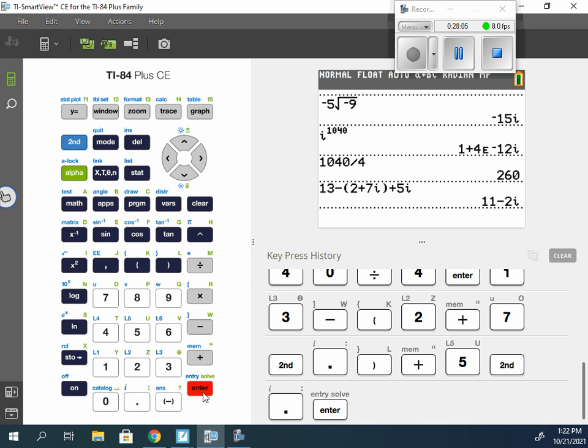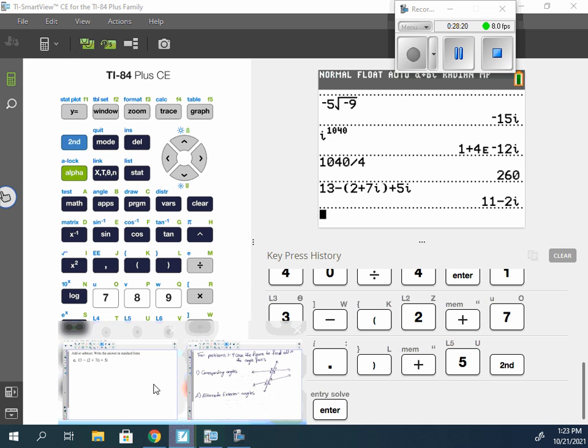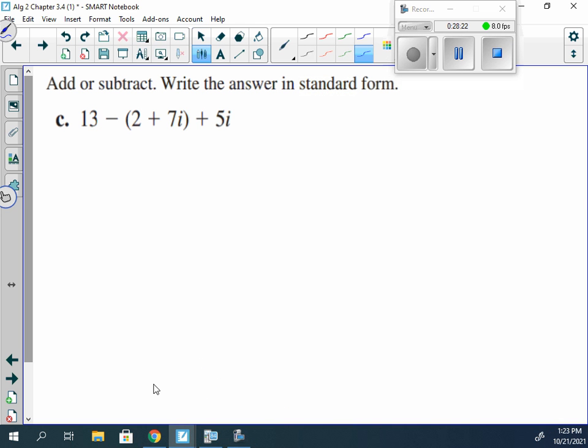And that's it. So with any of the addition and subtraction, could we just plug it in? Yeah, the graphing calculator will do it for us. So 11 minus 2i. Because what do we have here? 13 minus 2 is 11. 5i minus 7i is negative 2i.